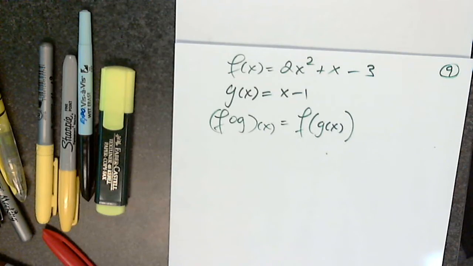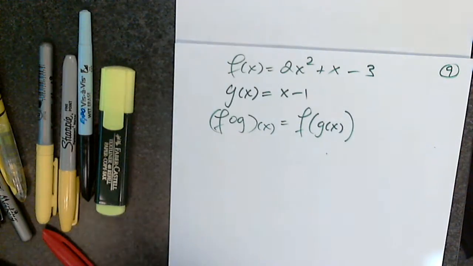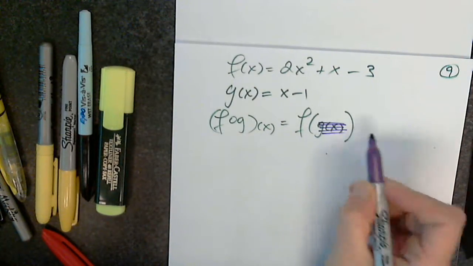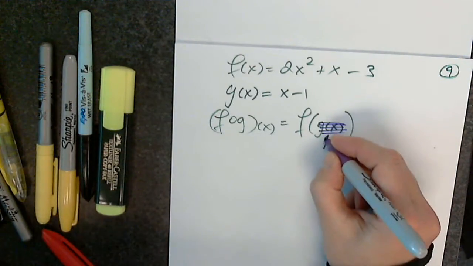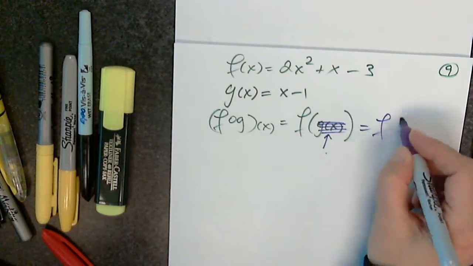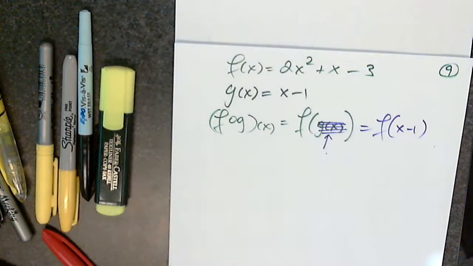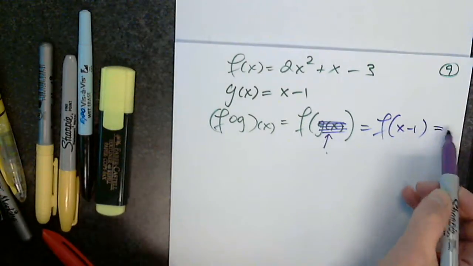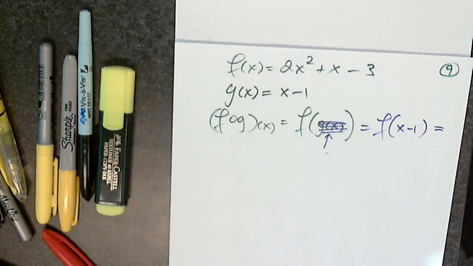Which means, instead of g, don't cross it out like that, I'm making a point. What should I replace this quantity by? Do you all agree that this is indeed f of x minus 1? Is this okay so far? But now I stop for a moment and I look at f.